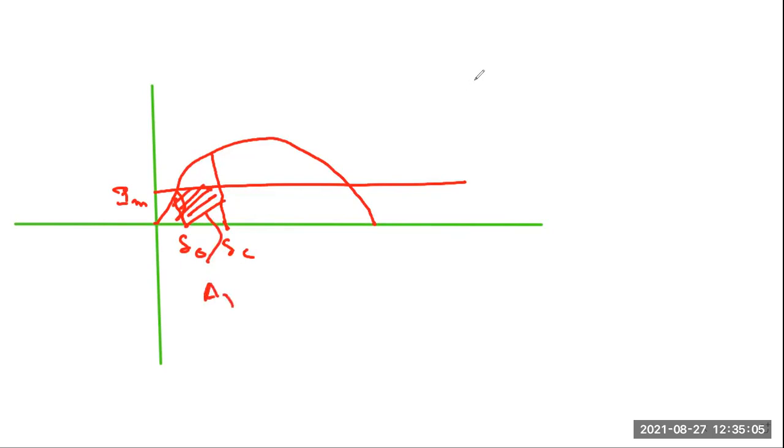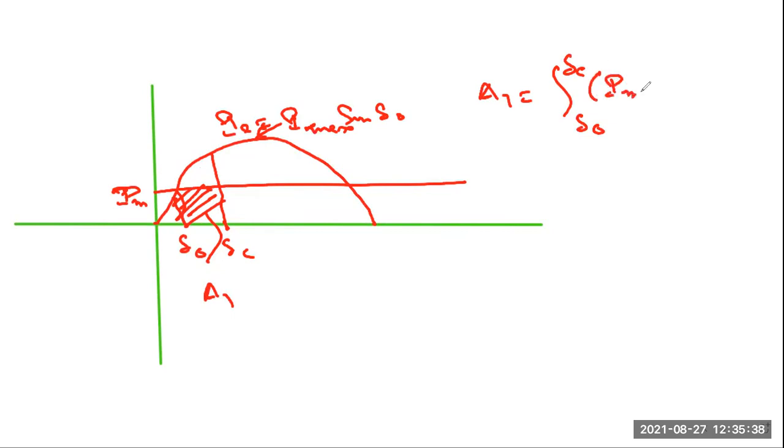Now we are calculating. This is your PM line, and this curve is P equals P max sine delta. So your accelerating area A1 equals the integration from delta 0 to delta C, between the PM line and the curve; whatever area is there is your accelerating area.